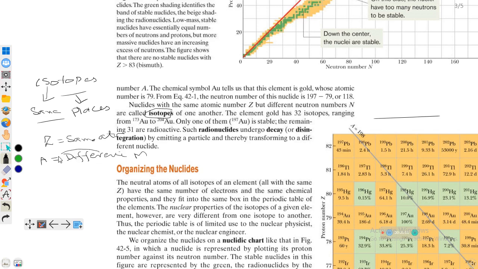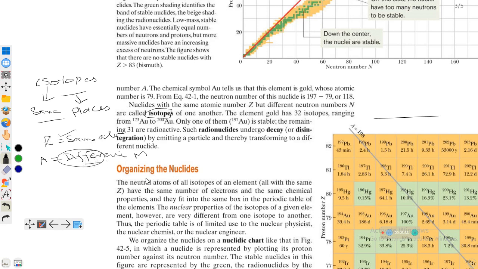If we arranged them on the basis of mass number, they would have different places. But we have arranged all the elements in the periodic table on the basis of atomic number, and the atomic number for isotopes is the same. Isotopes are those elements which have the same atomic number but different mass number.